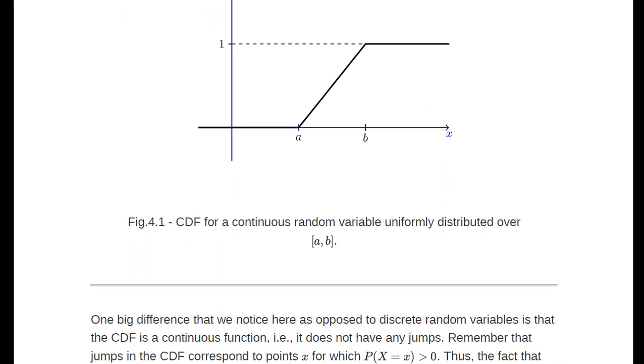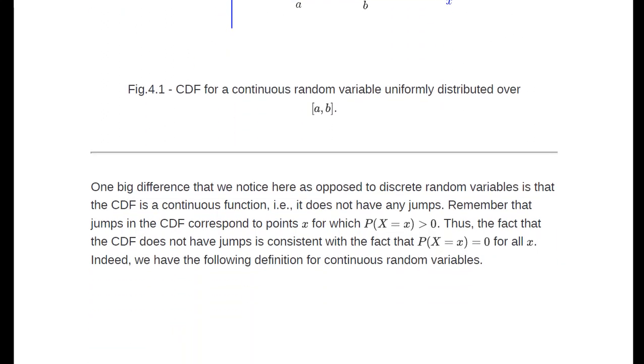It is a right-continuous function. One big difference that we notice here, as opposed to discrete random variables, is that the CDF is a continuous function. It doesn't have any jumps.